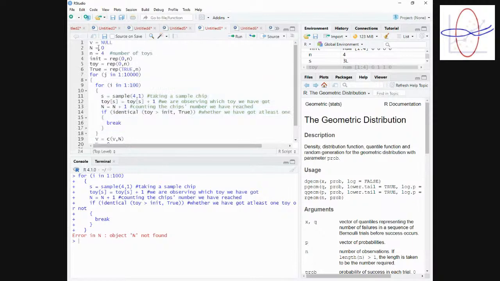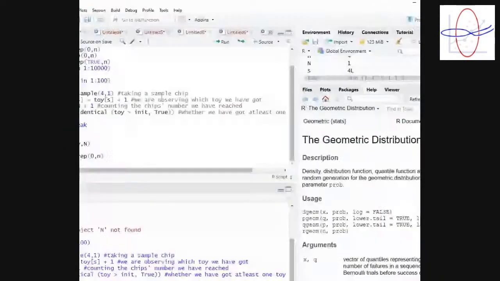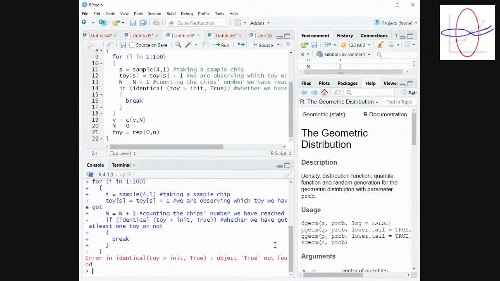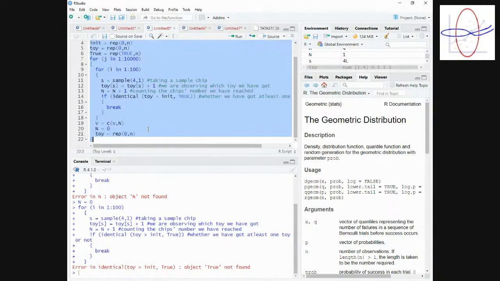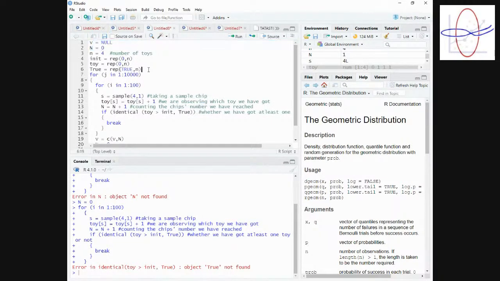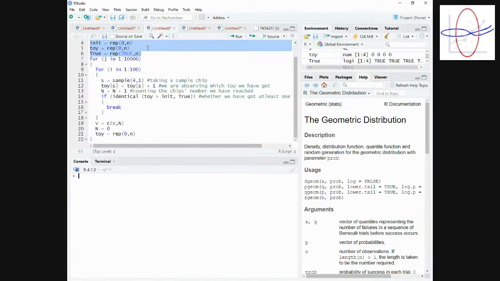Oh, n is not defined. Check that data. Oh, I will run the true command. Yes, we defined it earlier. No, we defined true as n trues, meaning all of them are true actually.